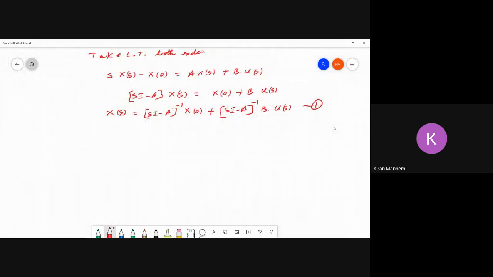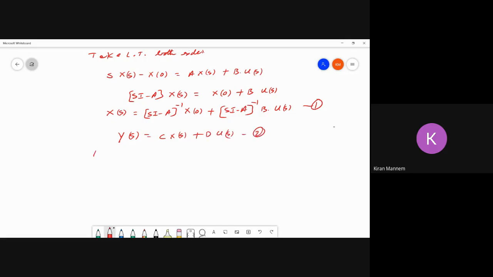And we did this already. Now, what is the second equation? Applying Laplace transformation, it will be C into x of s plus D into u of s. Right? This is second equation.